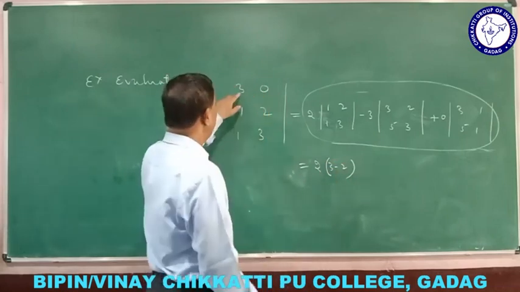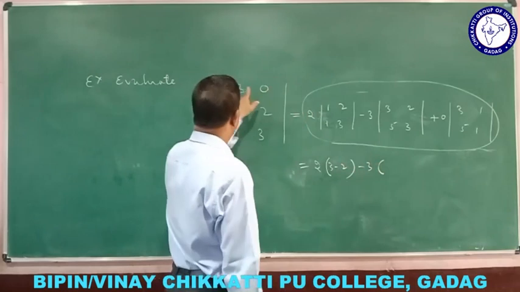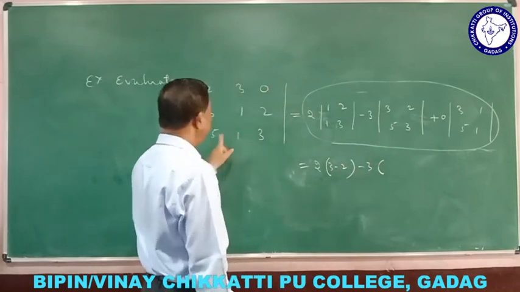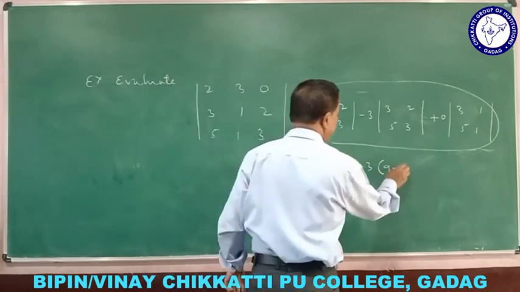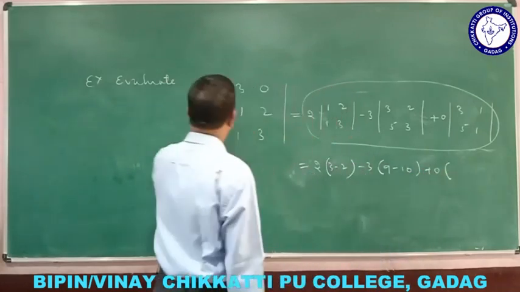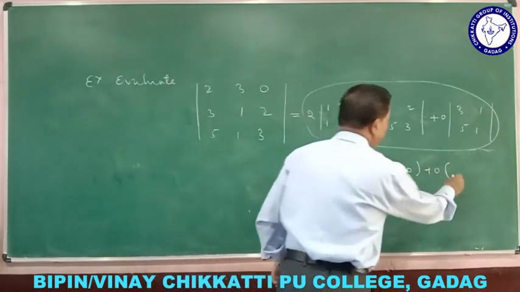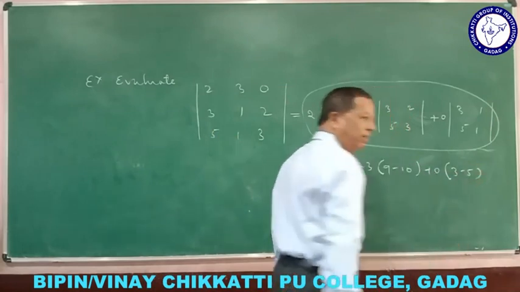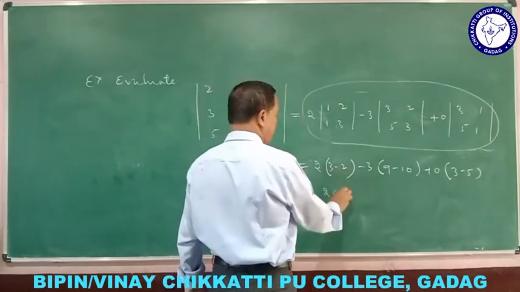And here minus 3 into bracket, you have to leave this and this. 9 minus 10. 3 into 3 is 9. 9 minus 10. And plus 0 into bracket. See, you have to leave this and this. 3 minus 5. Is that correct or not? So what is this? 3 minus 2 is 1.